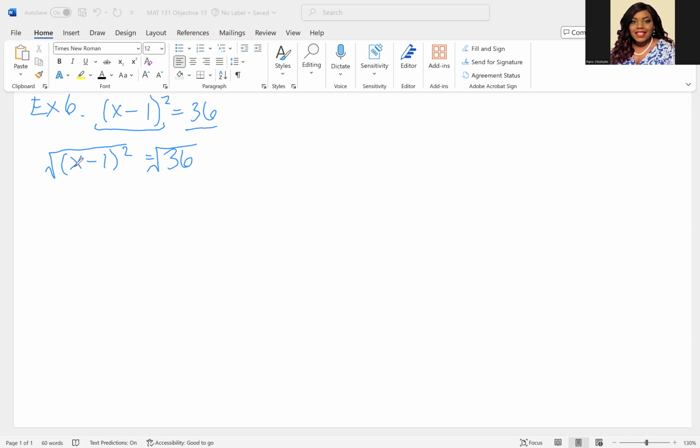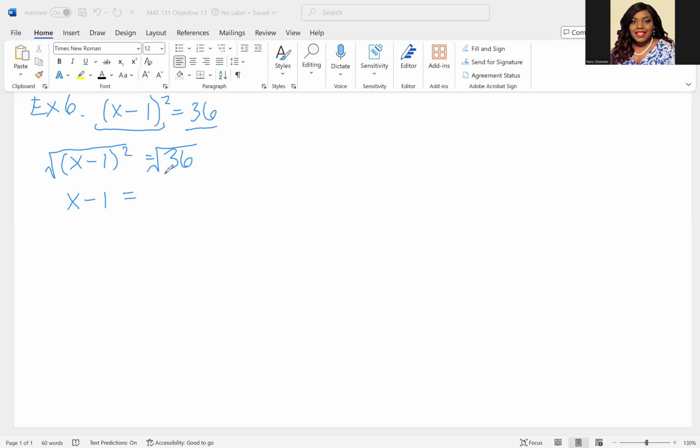So when we take the square root of x minus 1 squared, remember the square root basically cancels out the squared part. So what's going to be left is x minus 1. I need everybody to make sure they got that, okay?